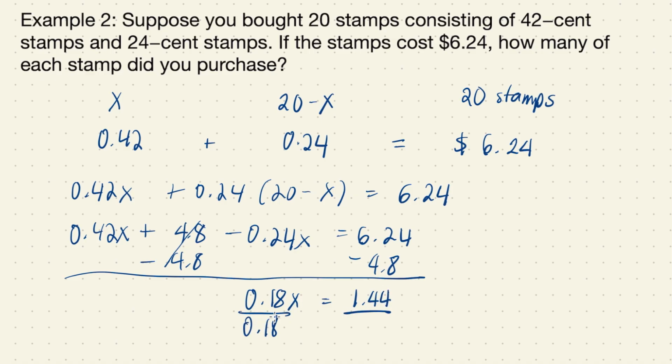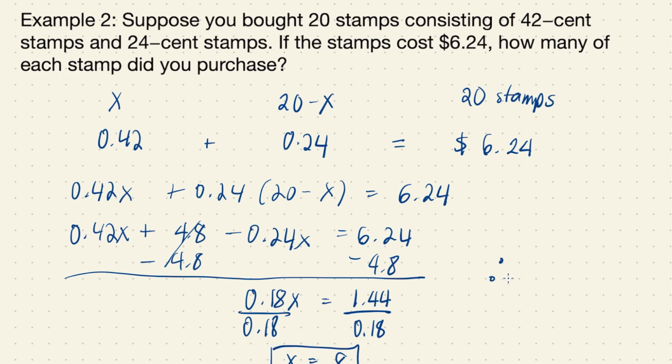So divide both sides by 0.18. Okay? So you divide 1.44 by 0.18, you will get X is equal to 8.